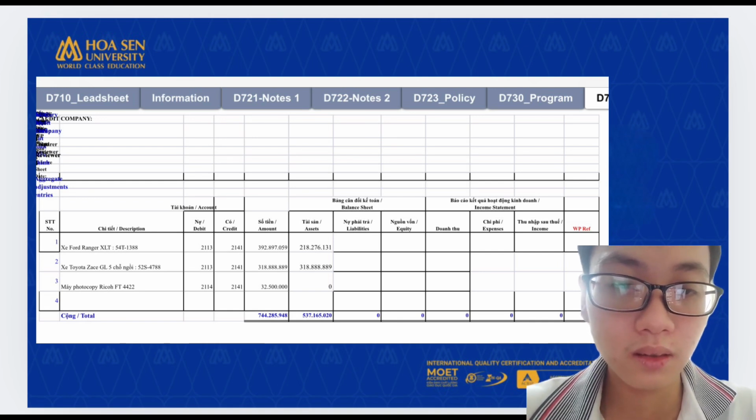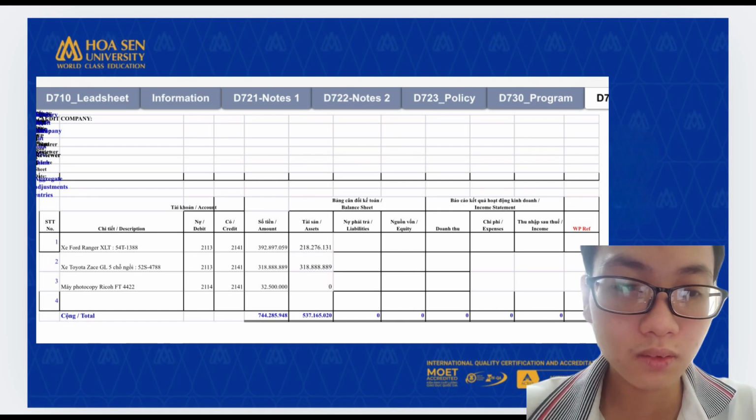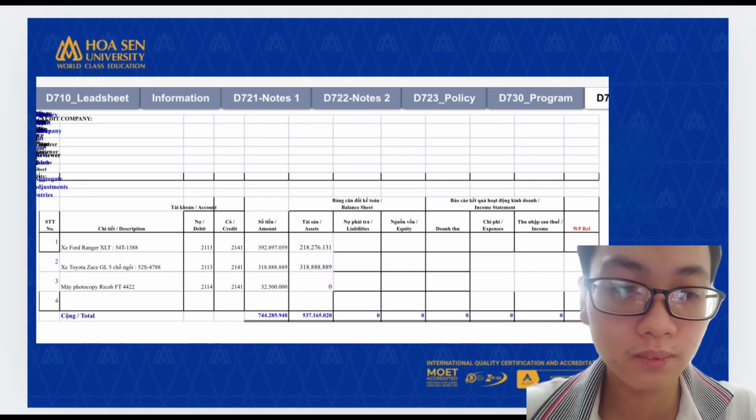Line 2, Toyota Race GL 5-seater, license plate 52S 47AA. The amount is 318,888,889 Vietnamese dong, fully capitalized as a fixed asset.